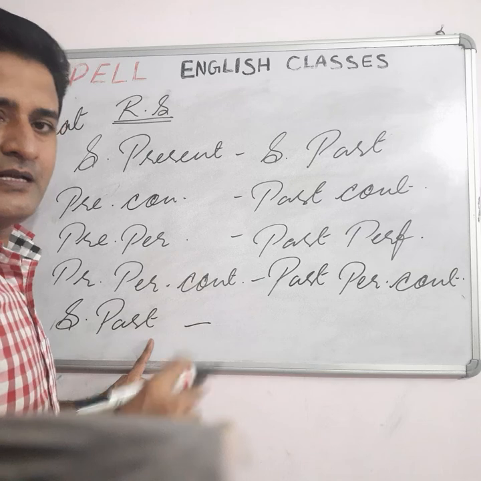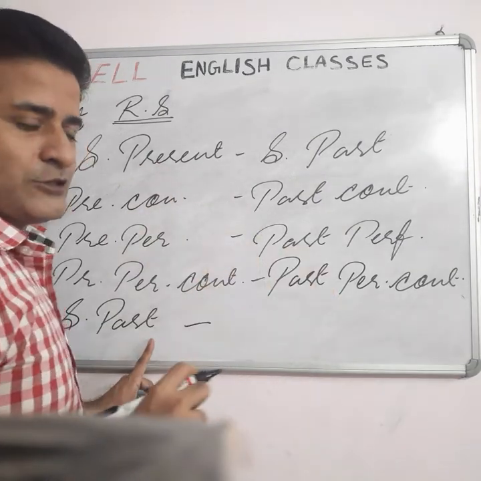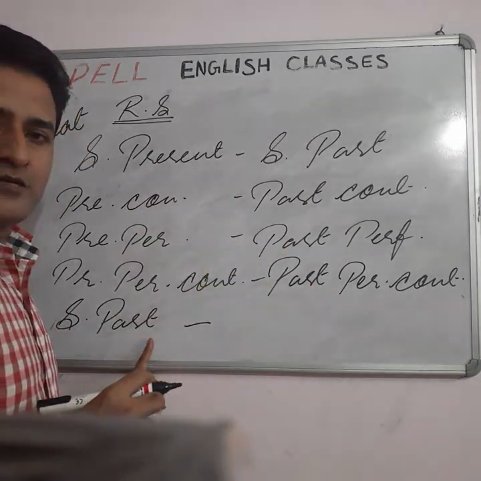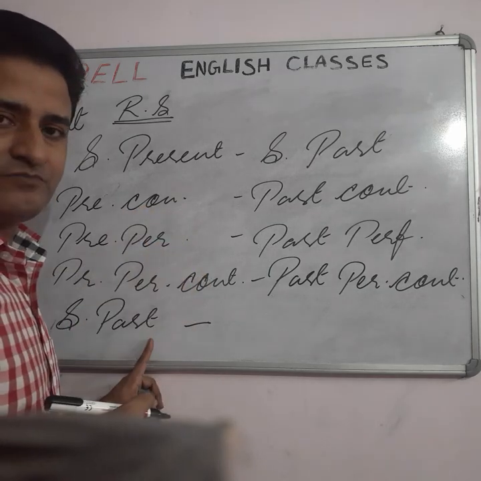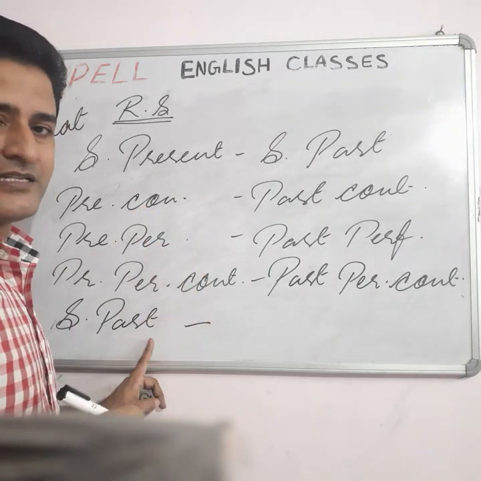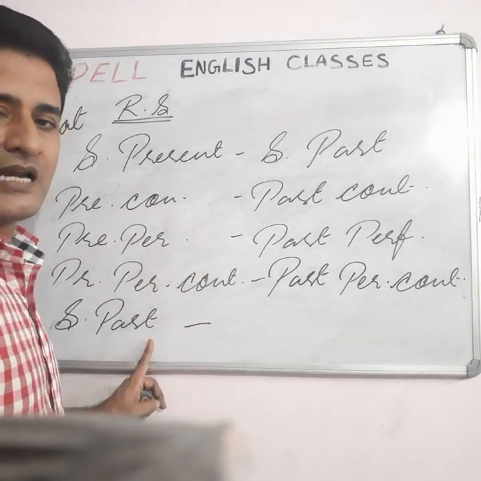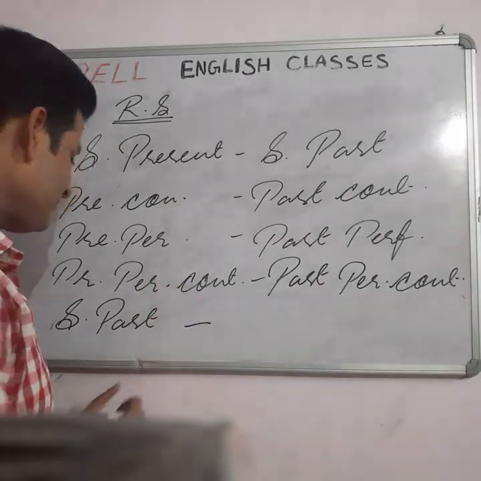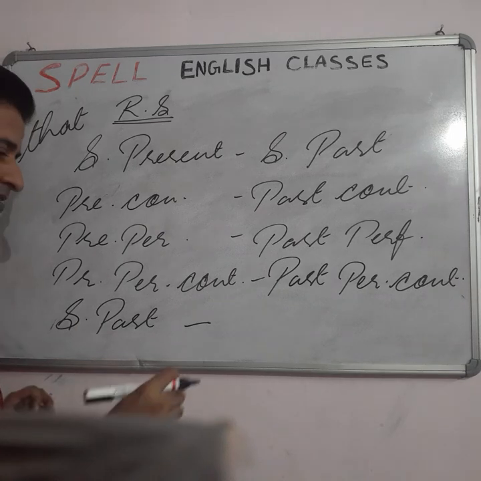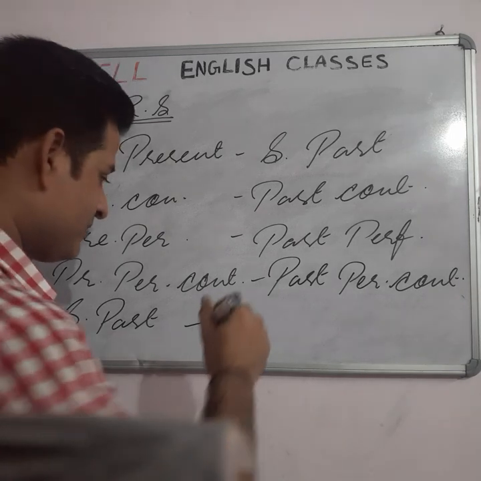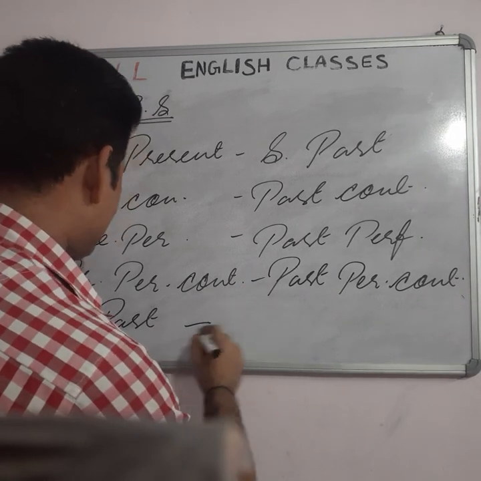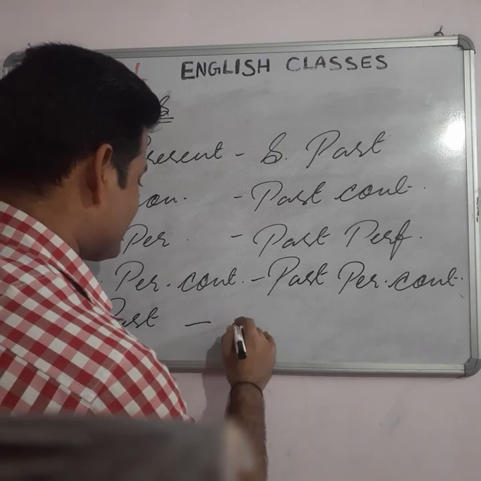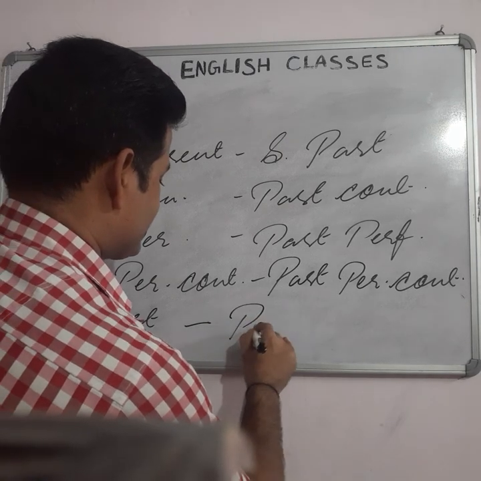It remains as usual in the case of a historical statement. For example, Taj Mahal was built by Shah Jahan. So in that case, we need not change the classification of tense. It remains usual. And in other sentences, except the exceptional one, we shift the simple past sentences into past perfect sentences.